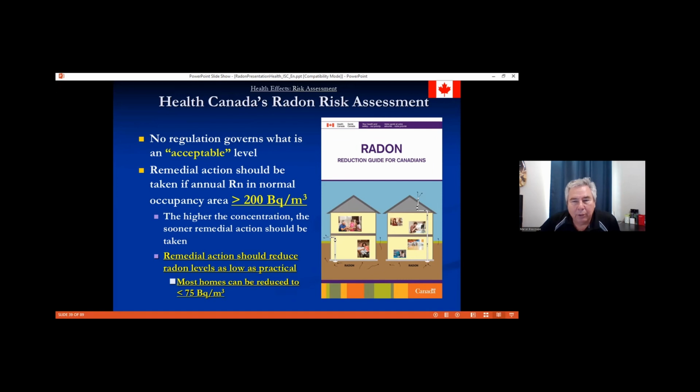Remember what a becquerel is. It's 1 disintegration per second. So when I multiply the 28.8 times 200, what I'm getting here is 5,760 disintegrations from the radon, those alpha particles flying through the air. 5,760 disintegrations per second in that room.